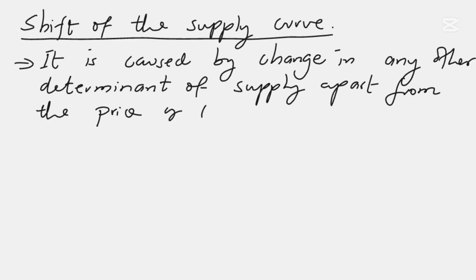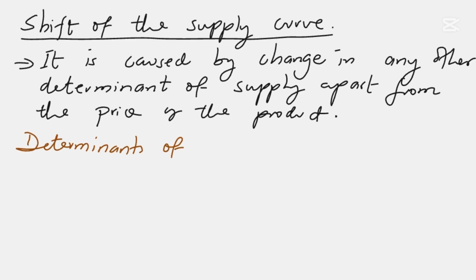All the other determinants will cause a shift of supply if they change either positively or negatively. And this tells us we need to dive in and understand more about the determinants of supply.